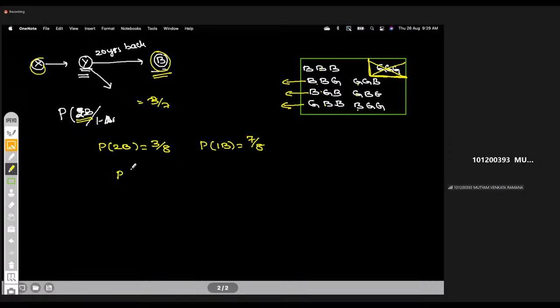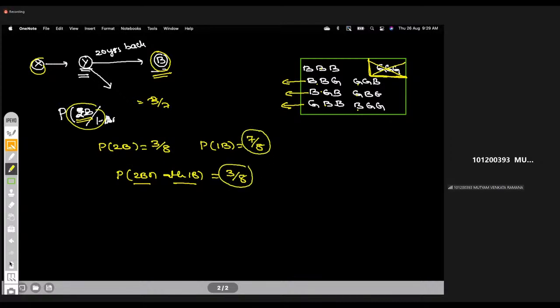Now, probability of 2 boys intersection at least 1 boy will be equal to, what is the thing you need to go ahead? 2 boys and at least 1 boy will be 3 out of 8. Now this value will be 3 by 7, this divided by this.